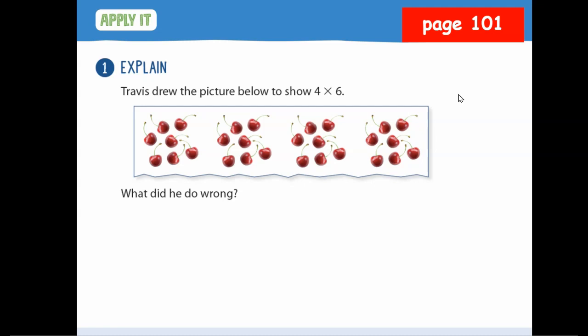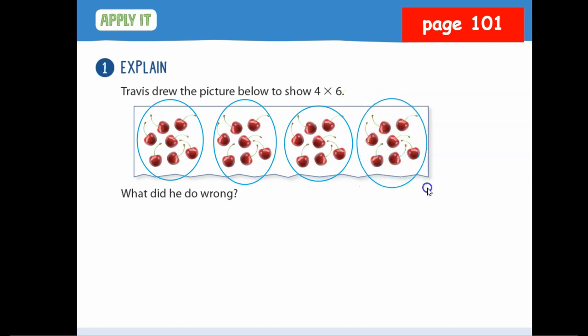You're right. Okay. First of all, does he have 4 groups? Yeah. He has 4 groups. Look, this is one group. So is this, and this is another group, and this is another group. So far, so good. However, it says 4 times 6. Are there 6 cherries in each group? No, they're not.